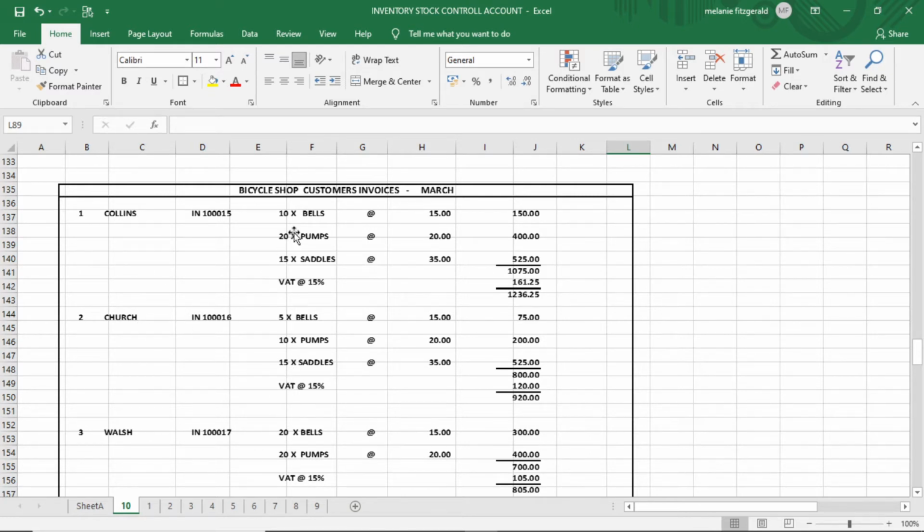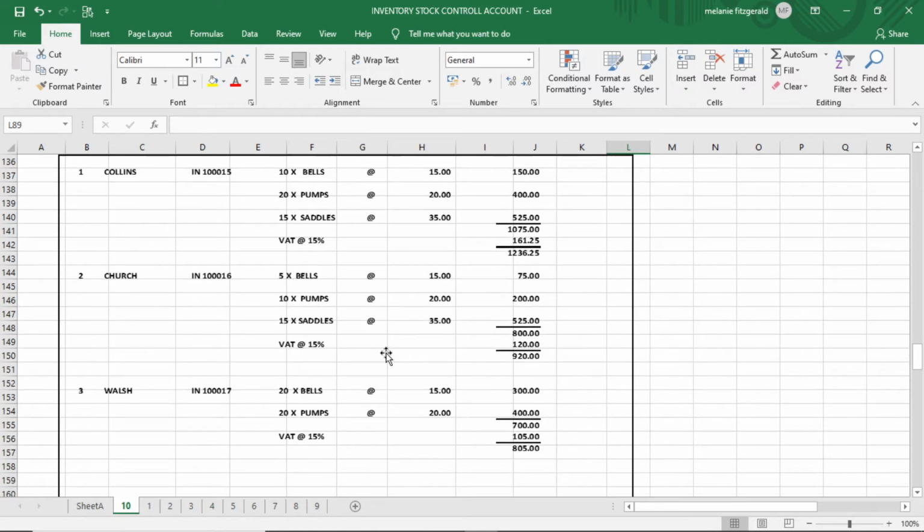Mr. Collins came and bought 10 bells from us at $15 each, 20 pumps at $20 each, and 15 saddles at $35. Total was $1,075. The VAT that we put on his invoice was $161.25. The total amount sold to Mr. Collins, that we invoiced out to him, was $1,236.25.